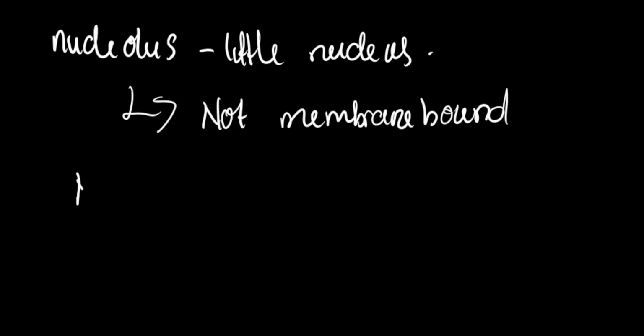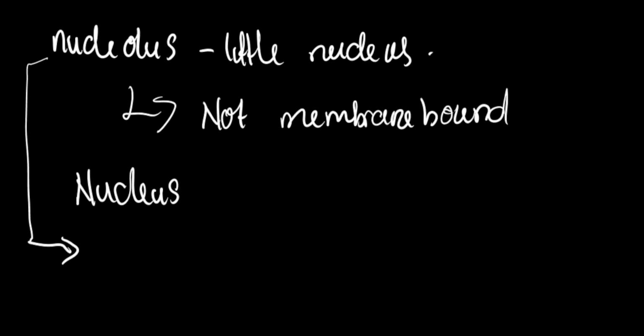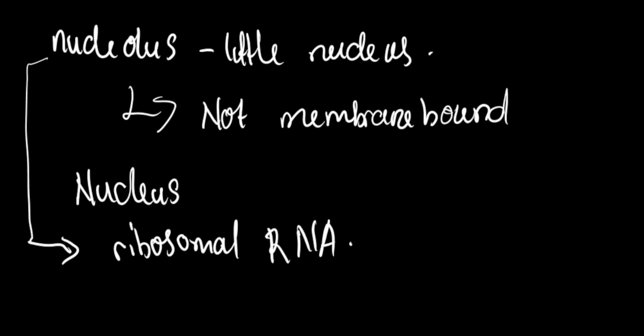However, the nucleus of course is bound by the nuclear envelope. Okay, now the nucleolus is also dense and it's within the nucleus, and the nucleolus is actually the structure that synthesizes ribosomal RNA.